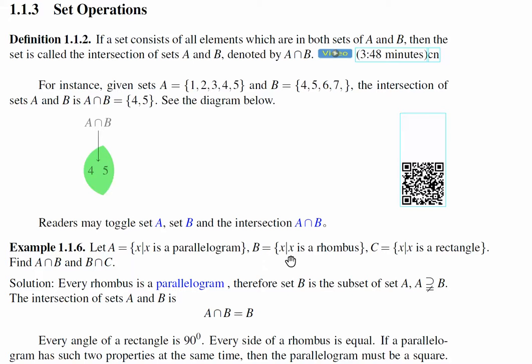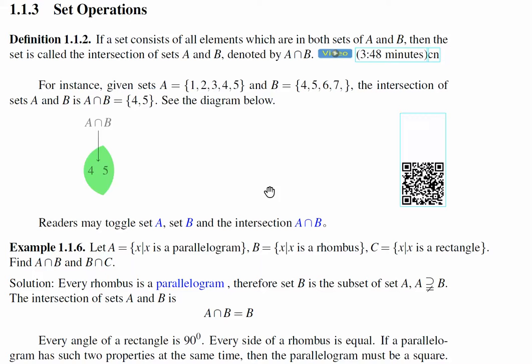So every element in B has to be in A. Then the intersection between A and B will actually be what? The set B. So that's the reason. You see B is contained in A.